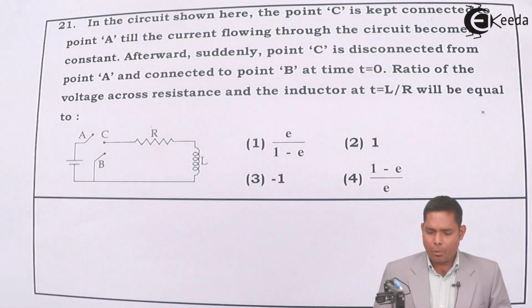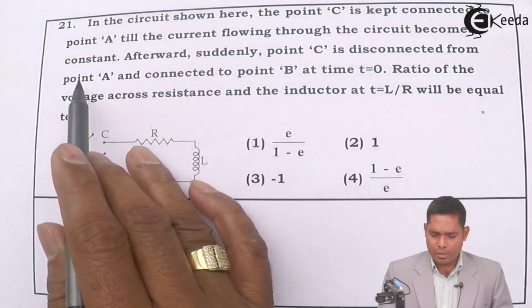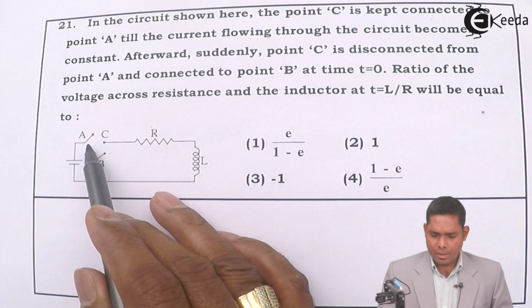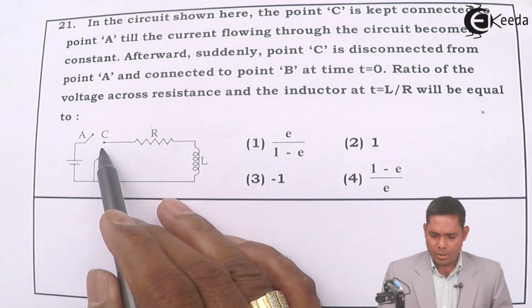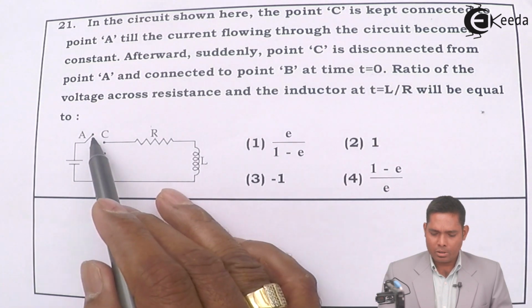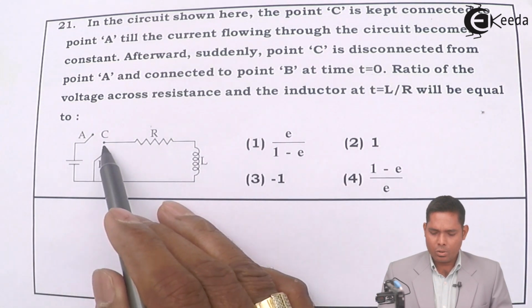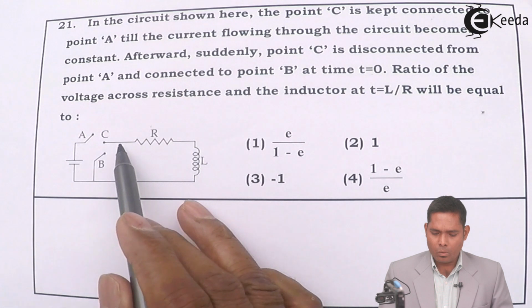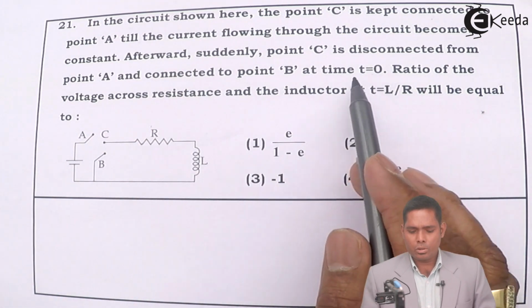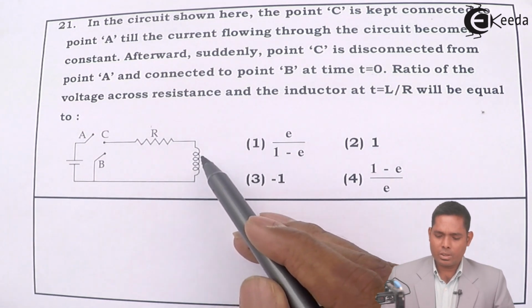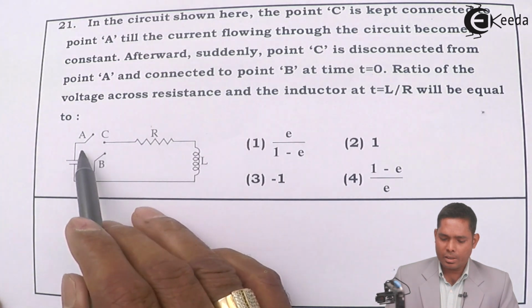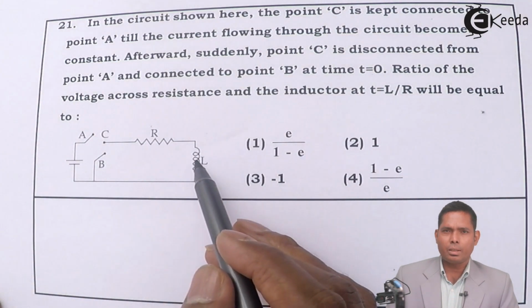Afterward, suddenly the point C is disconnected from A. C and A were initially connected, now it is disconnected and connected to point B, and here your time starts, t equals 0. Now the battery is disconnected completely. This is the closed circuit having only the LR circuit, and time t equals 0 starts because there is already current in the circuit.